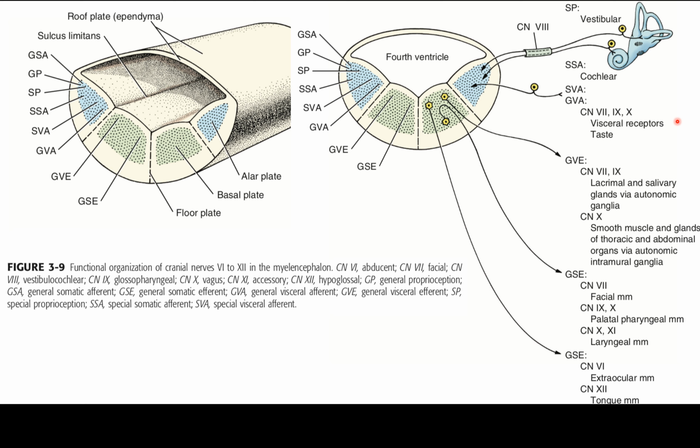The preganglionic neurons of the parasympathetic portion of the GVE system are located in an interrupted column just ventromedial to the sulcus limitans, similar to their location in the spinal cord, where they comprise the lateral gray horn of cell bodies. Their axons leave the medulla with cranial nerves VII, IX, X, and XI.